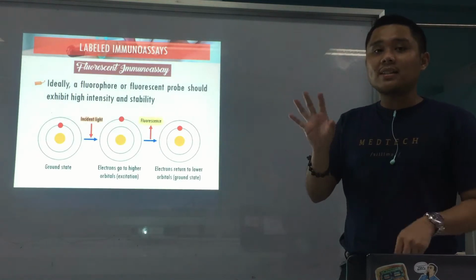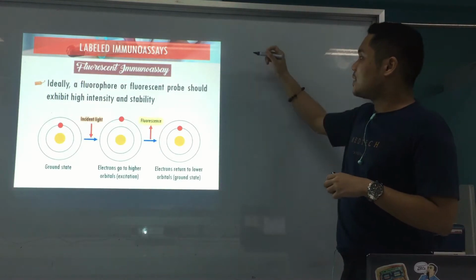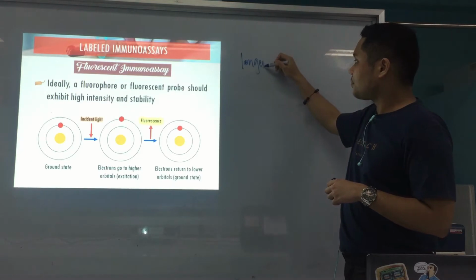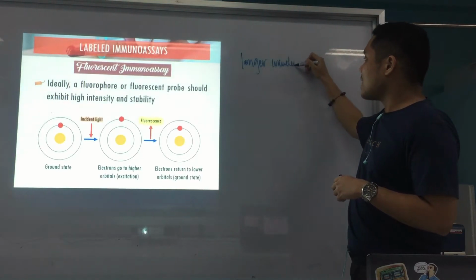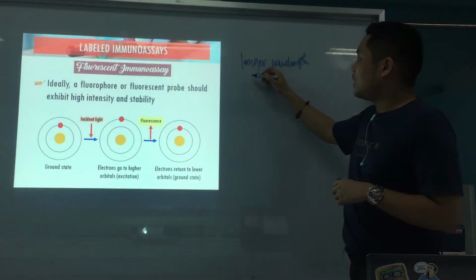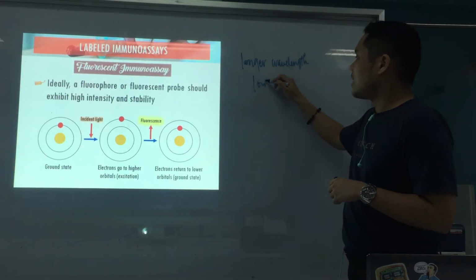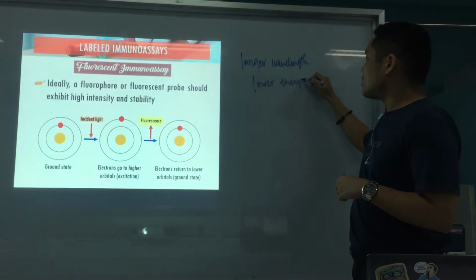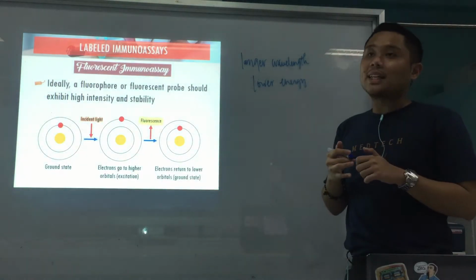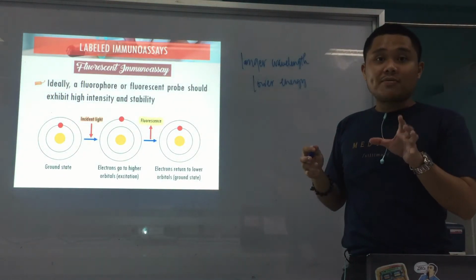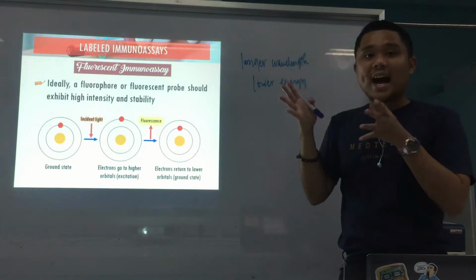And this fluorescence, again, please take note of its characteristic: longer wavelength, and of course, lesser energy, or a lower energy. Please take note, that is a characteristic of your light. The shorter the wavelength, the higher the energy.